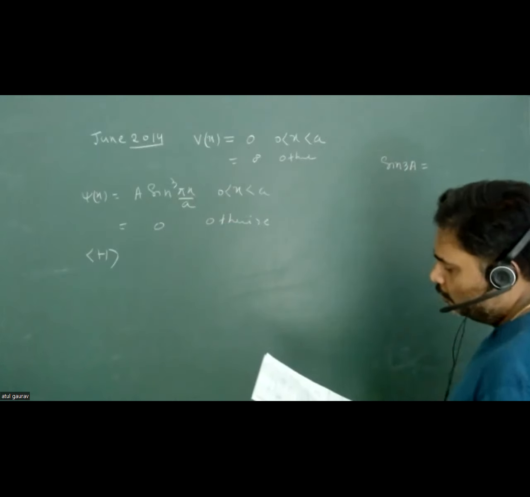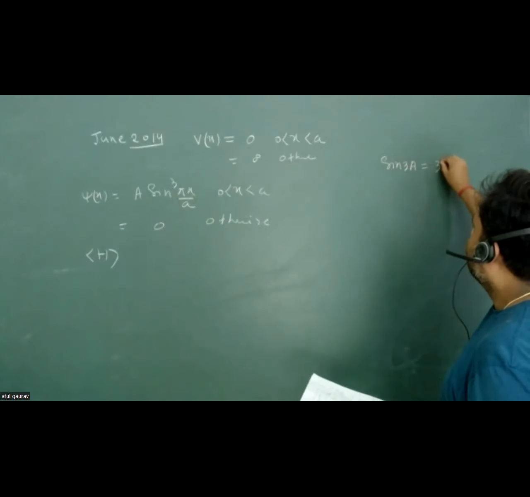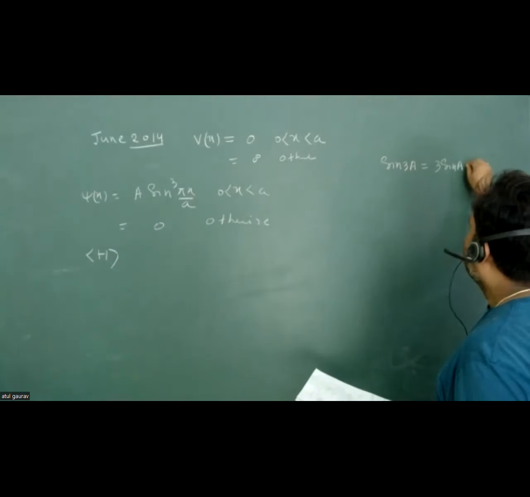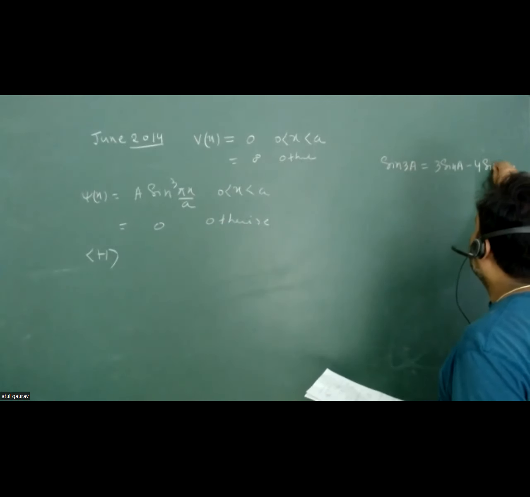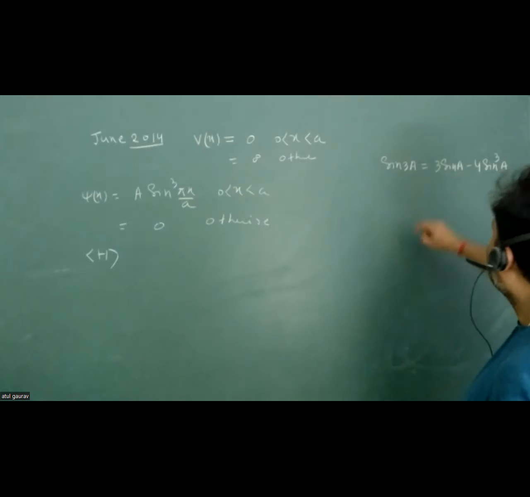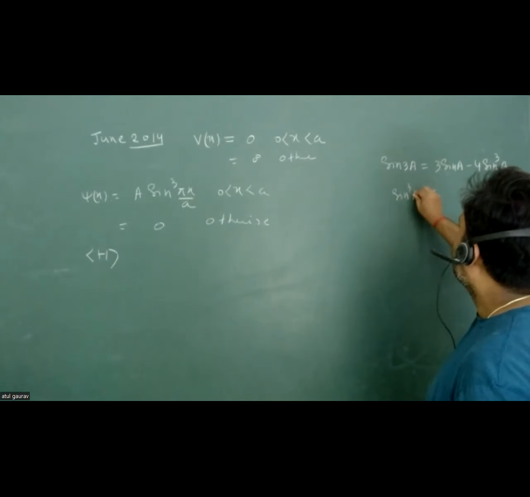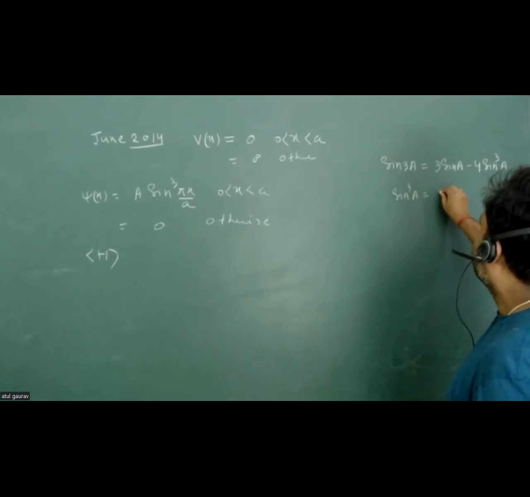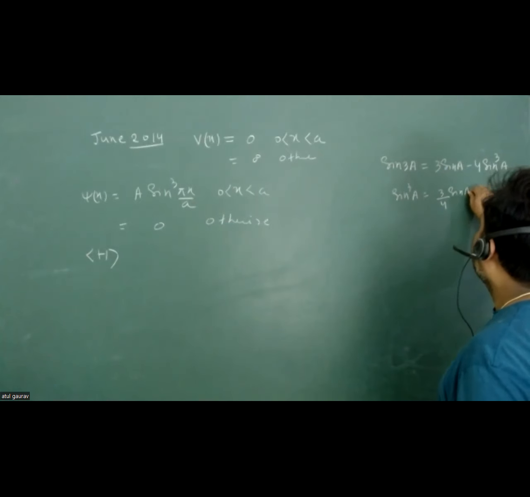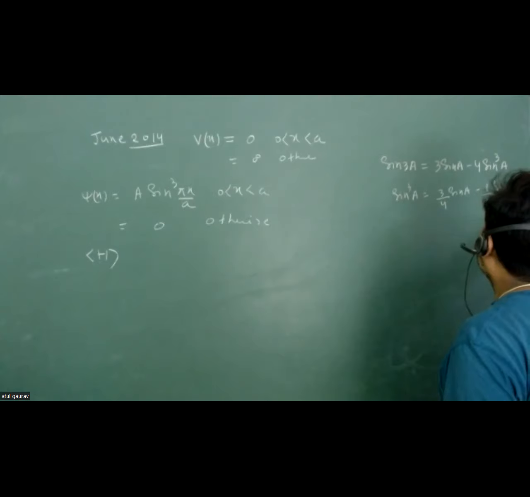Sine 3a, you know what is sine 3a? That is 3 sine a minus 4 sine cube a. And now from here, we can easily write sine cube a, which is nothing but 3 upon 4 sine a minus 1 upon 4 sine 3a.